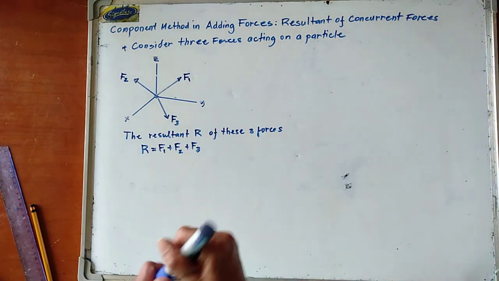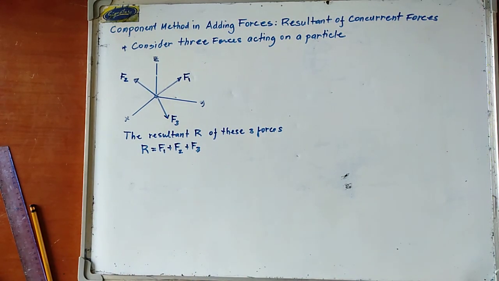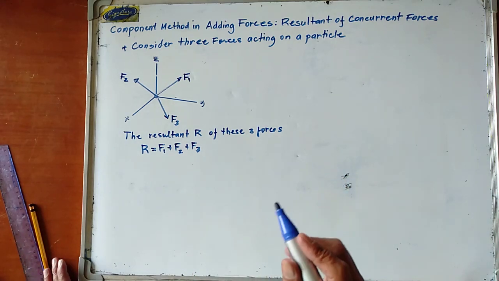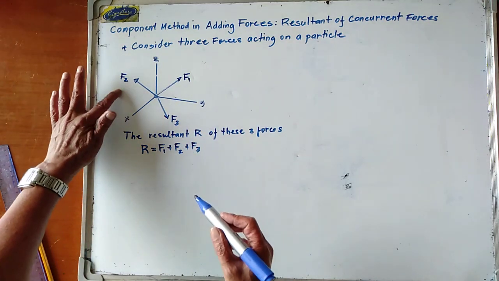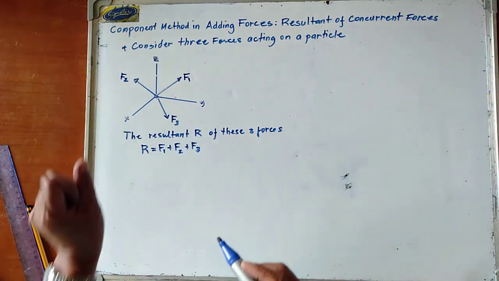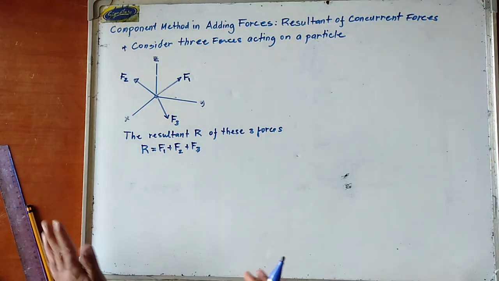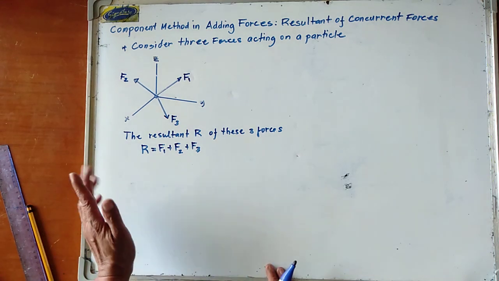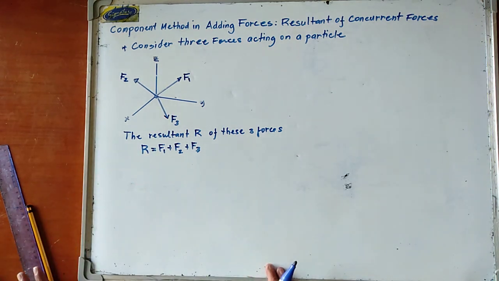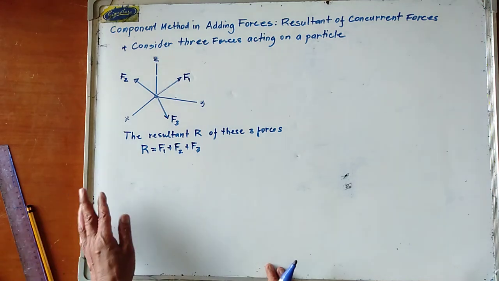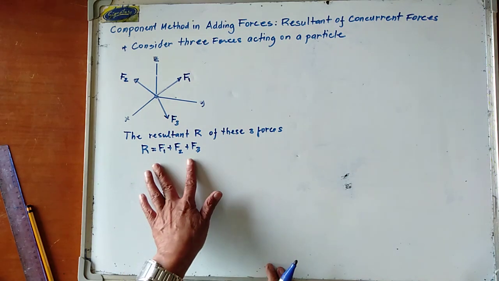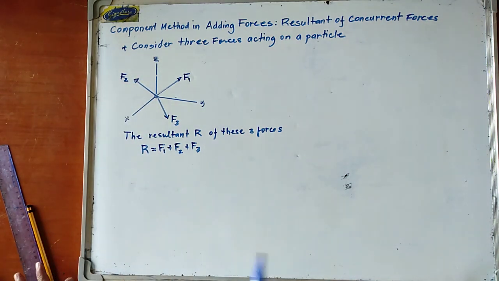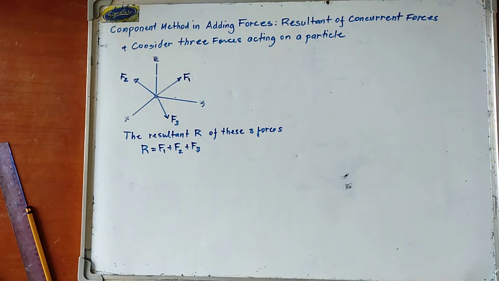Now, let us consider three forces acting on a particle. We have F1, F2, and this is F3. The resultant force R of these three forces is equal to the vectorial sum of the three forces, F1, F2, and F3.